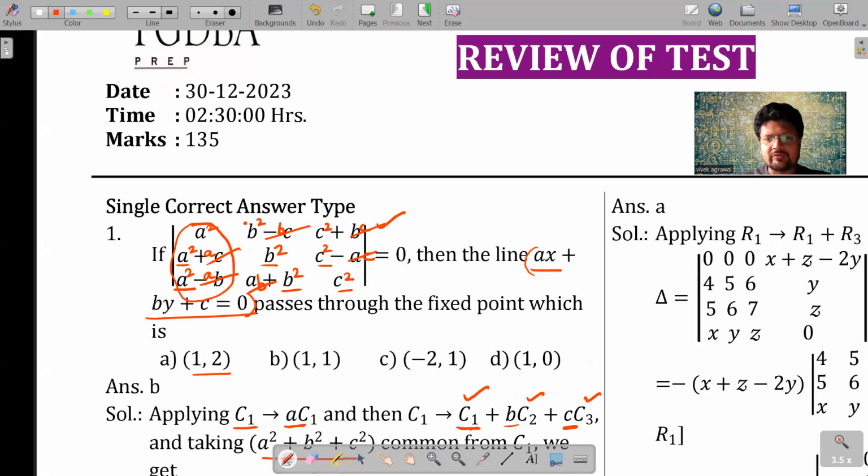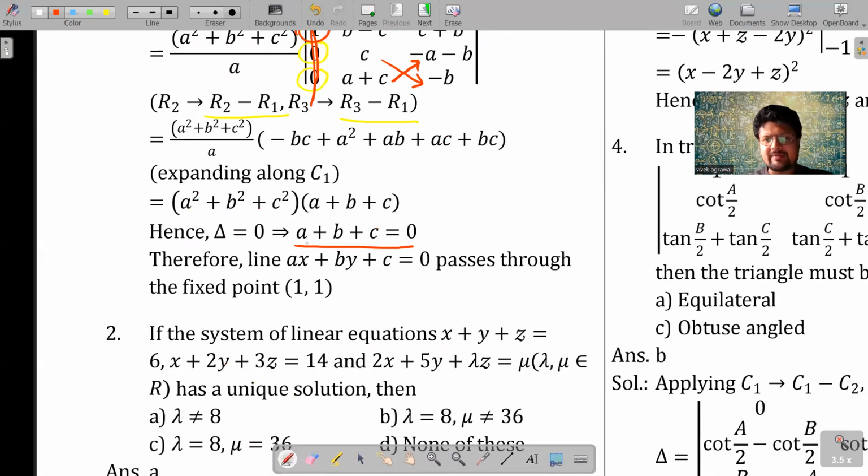But the equation which we are getting here is A plus B plus C is equal to 0. And that is only possible when I put the value of X as 1 and the value of Y as 1. Then only A plus B plus C is equal to 0 will be created. Yes. So obviously this AX plus BY plus C is equal to 0 will pass through 1 comma 1 only.